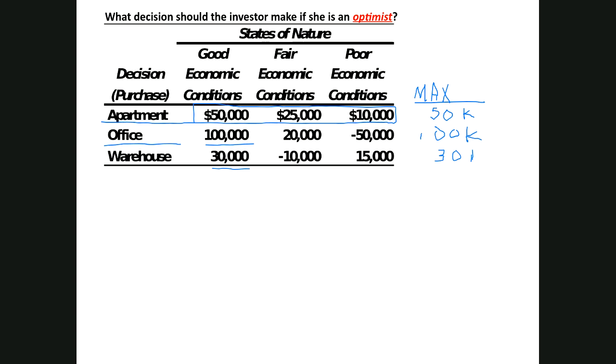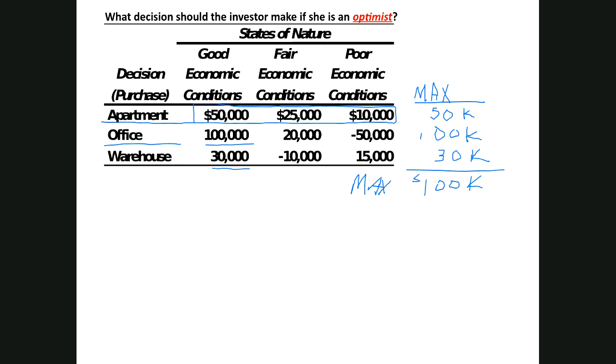Once we have these three, we then choose the maximum of those three, and clearly the maximum of those three values is $100,000.